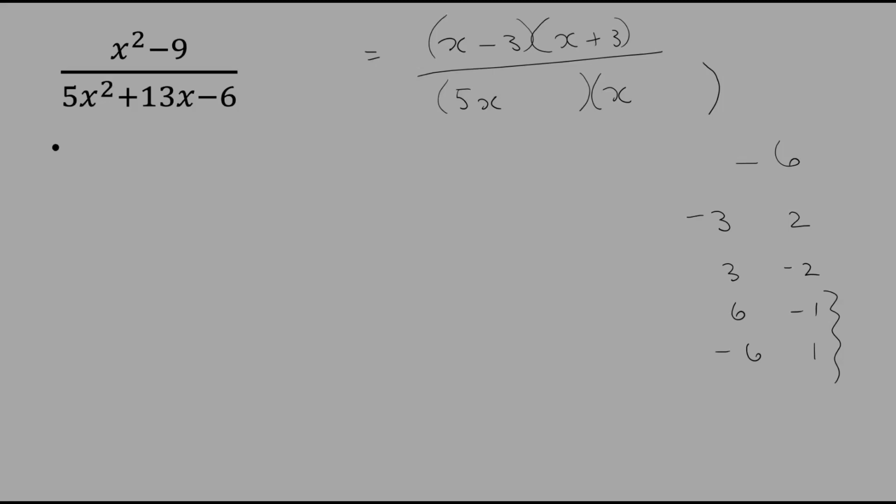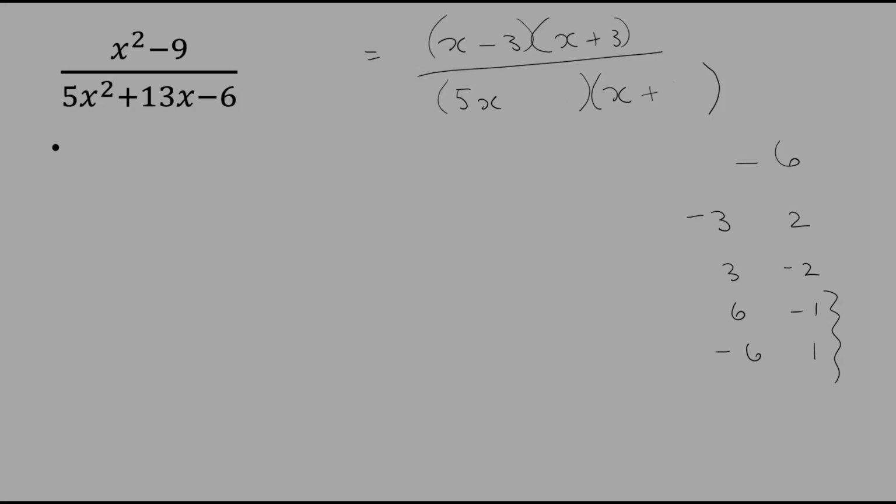So let's just be fairly sensible about this, and let's go for the top one first up. Now I'm going to go -3 and then plus 2, and I'm going to check. So that's 10 minus 3, so that's 7, so that one's not right.